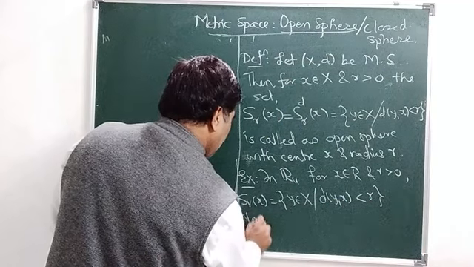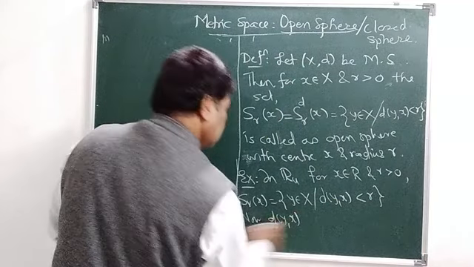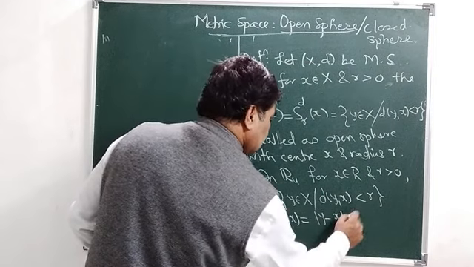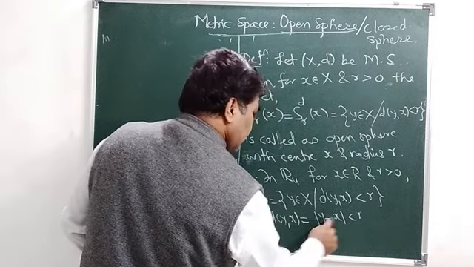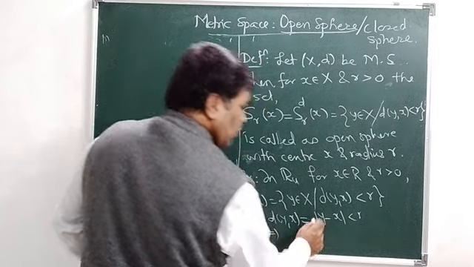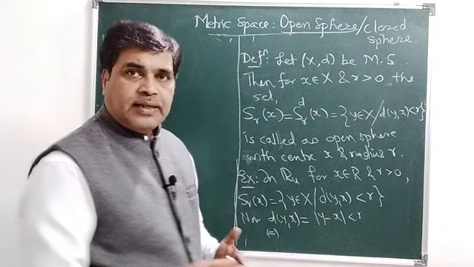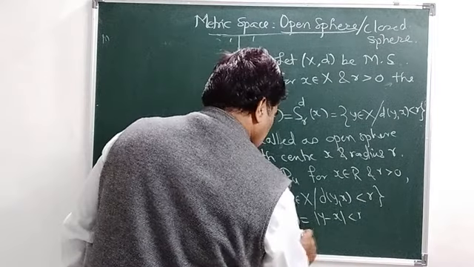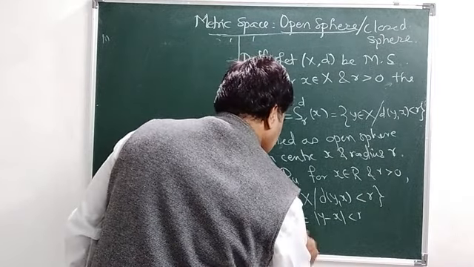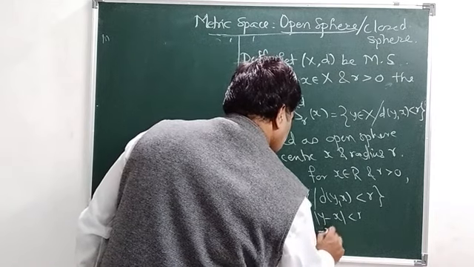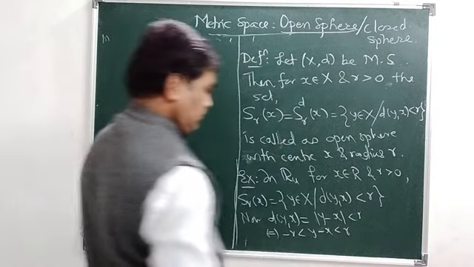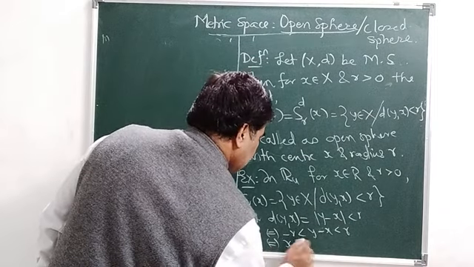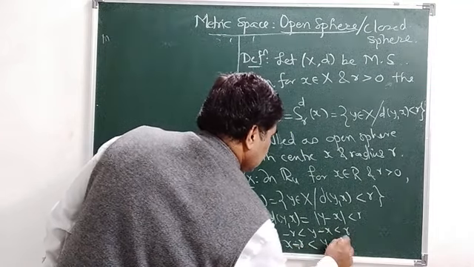Now d(y, x) is equal to mod of y minus x, which is less than r if and only if, since mod of x minus a less than delta implies x belongs to a minus delta to a plus delta, minus r is less than y minus x is less than r. If and only if, by adding x, we get x minus r is less than y less than x plus r.